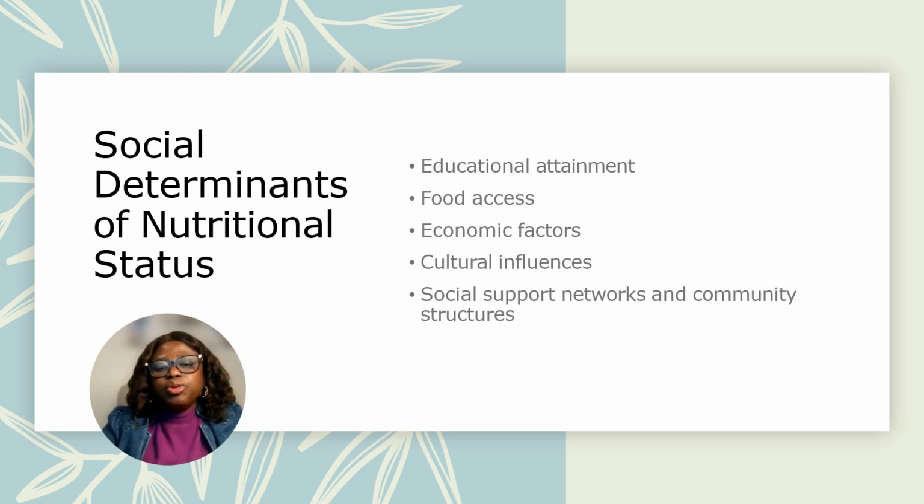People's education will also determine their nutritional knowledge, their income levels, and access to health promoting resources. Food access extends beyond geographic proximity, and it includes more the quality of the foods, the affordability, and practical accessibility of nutritious food options.